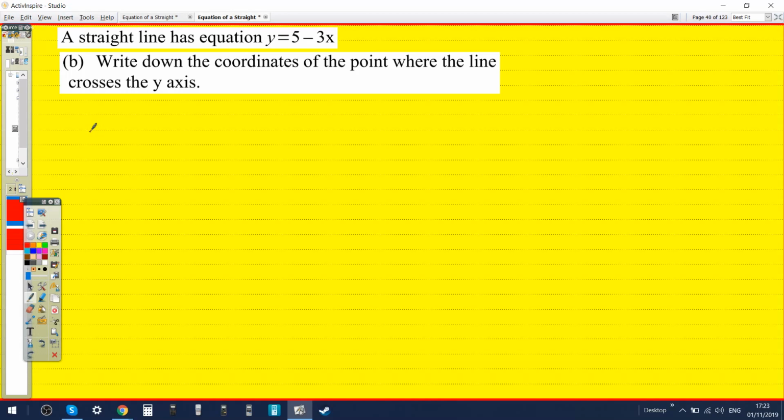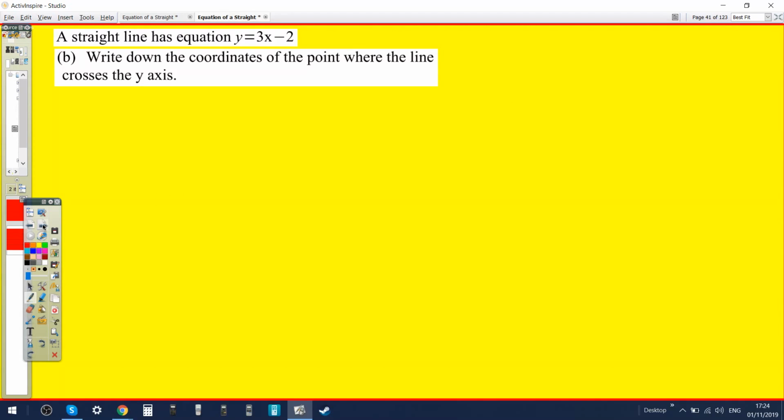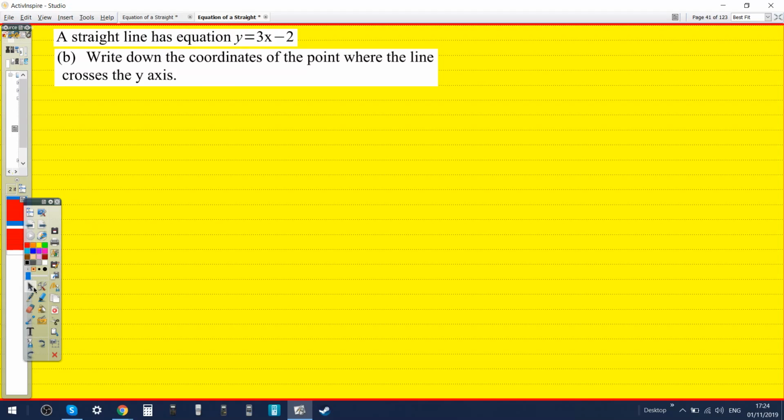Not 3, sorry. 3 times 0 is 0. 5 minus 0 is 5. Yes. And so what would that be as a coordinate? 0, 5. Yes. Okay, what is... -2. Y equals -2. Yeah, coordinate. 0, -2.